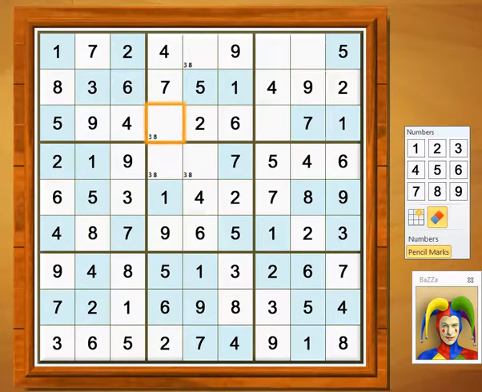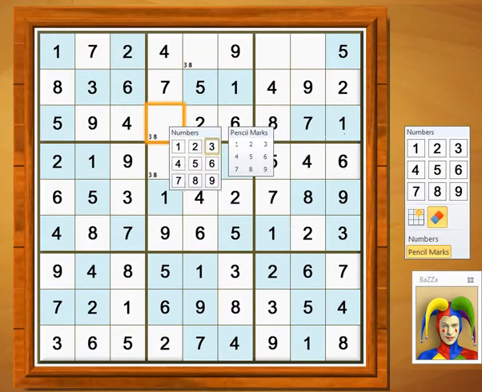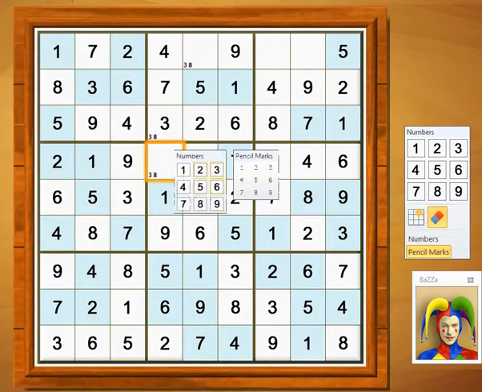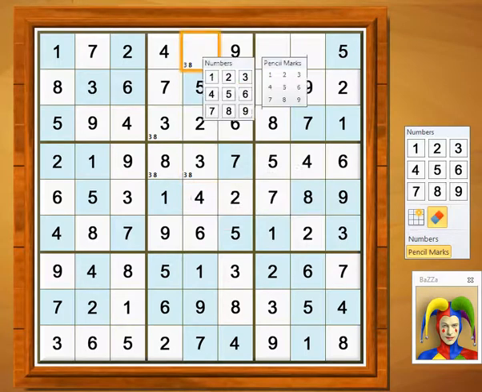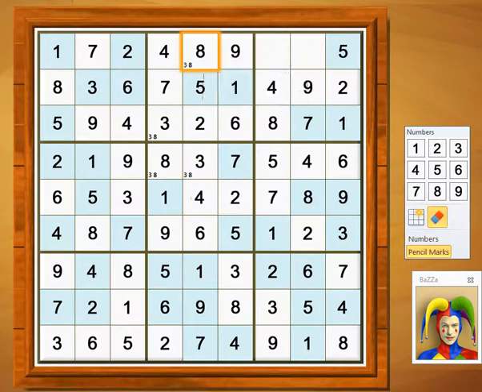Then we've got one block spare here, so that makes this the 3 or the 8. We've got the 3 here, so that makes that the 8, which makes this one the 3, makes this one the 8, makes this one the 3, which will then make this one the 8. So we'll just rub those out again.